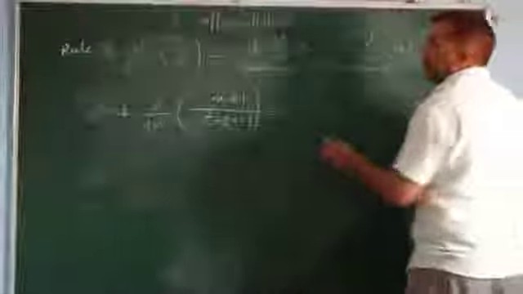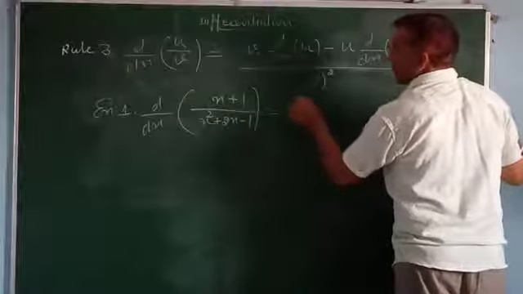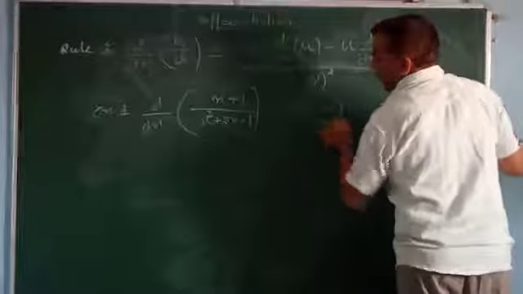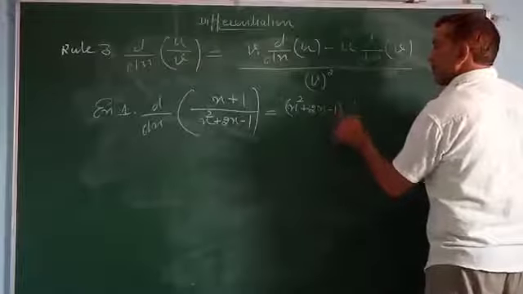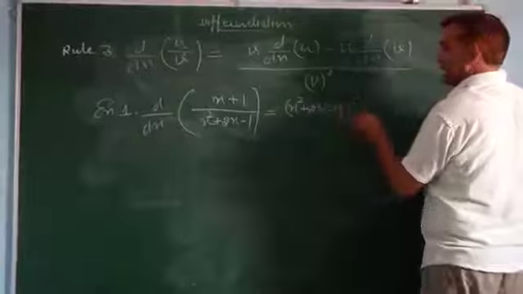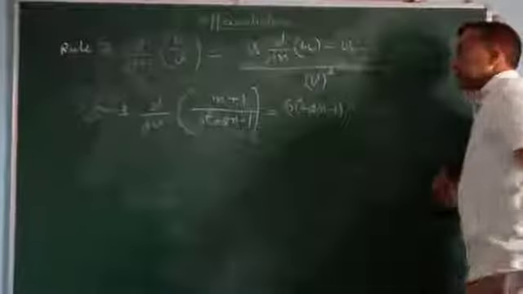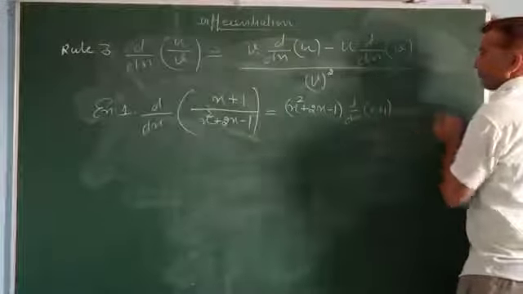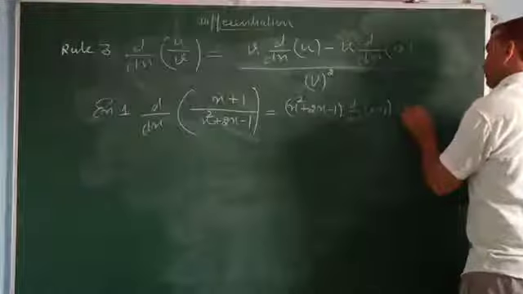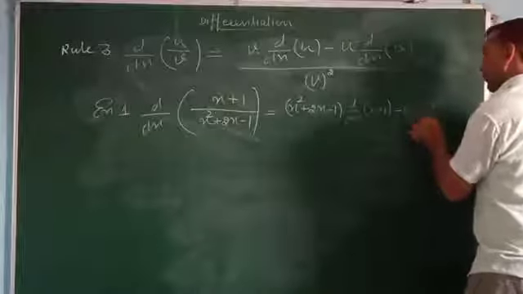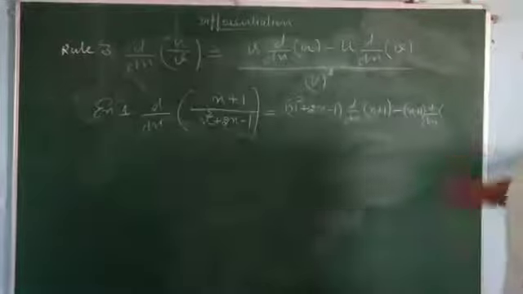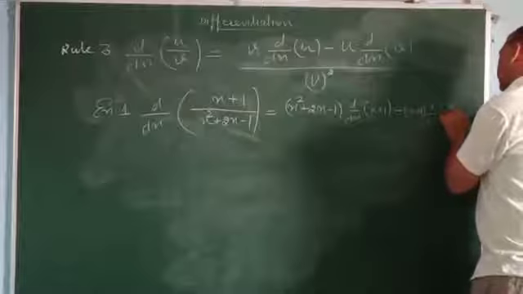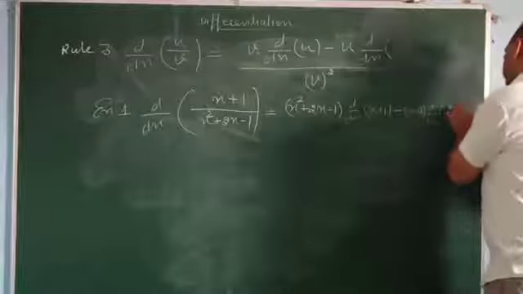So its derivative will be denominator as it is, that is x square plus 2x minus 1, into derivative of numerator, that is x plus 1, minus numerator as it is, that is x plus 1, into derivative of denominator, that is x square plus 2x minus 1.